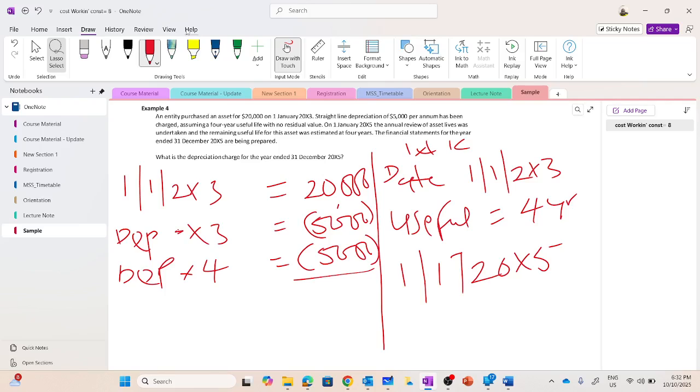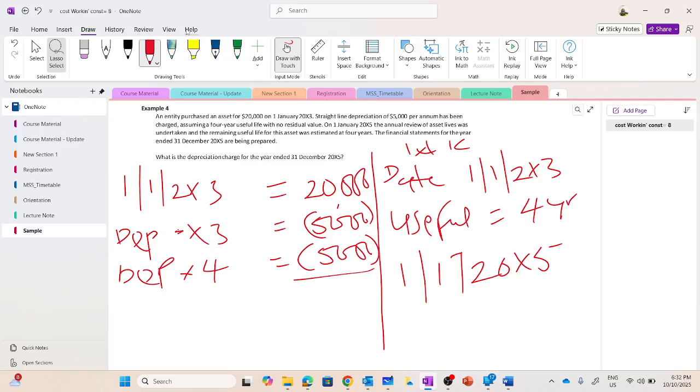So now we need to depreciate the asset further, because the requirement stated that we need to calculate the depreciation charge for the year ended 31st December 20x5. We are not interested in the earlier depreciation. We only need the depreciation for 20x5.